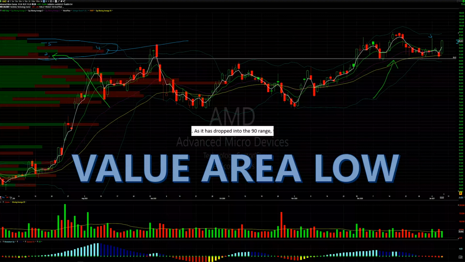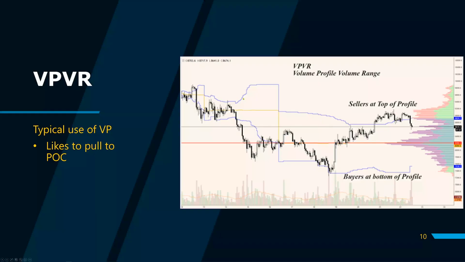Okay, so let's go through and make sure we understand how to use volume profile. So VPVR stands for volume profile, visible range. This is a typical use of volume profile. People say, hey, it likes to pull to point of control because that's where people find it to have fair value. People are willing to buy it at the point of control.